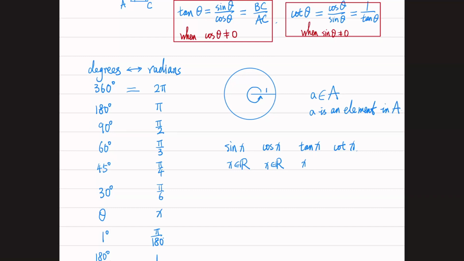So we use this to denote the fact that x is an element in the set. So here it means x is an element of the real numbers, so x is a real number.